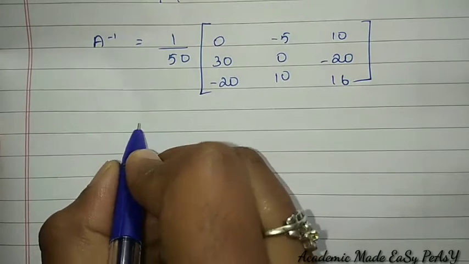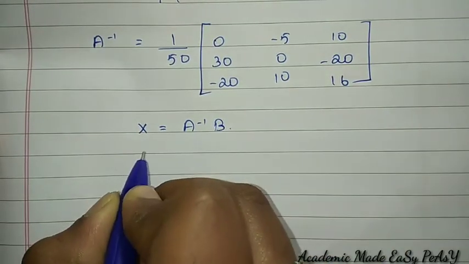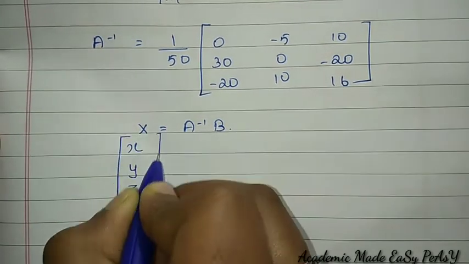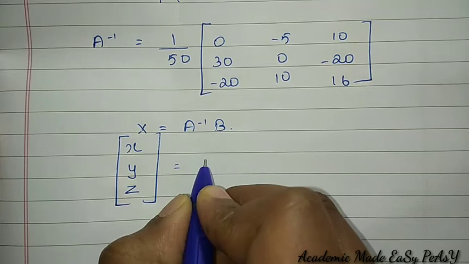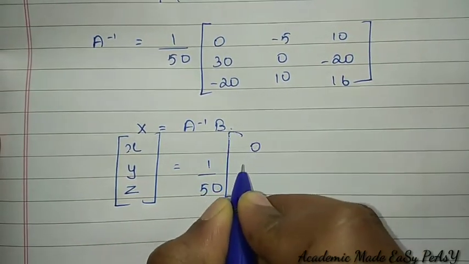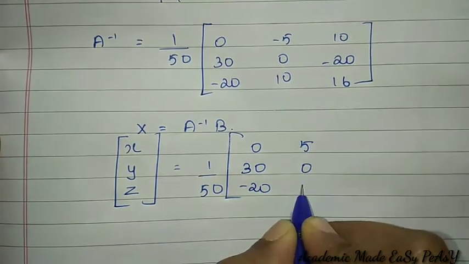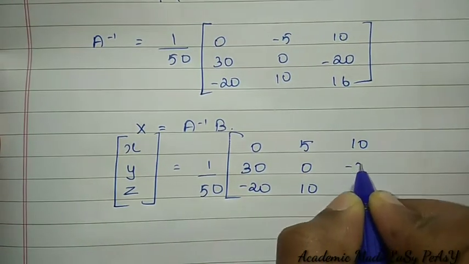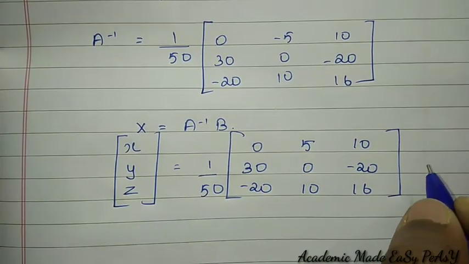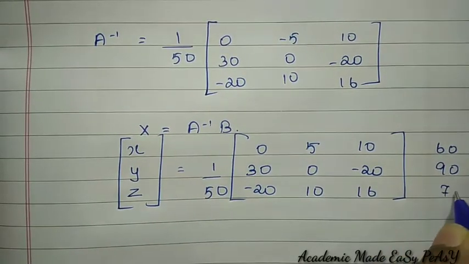So now I will be finding my x. So A inverse B. So x, y, z is equal to 1 by 50 into 0, 30, minus 20, 5, 0, 10, 10, minus 20, 16 into my matrix B, which is 60, 90, 70.